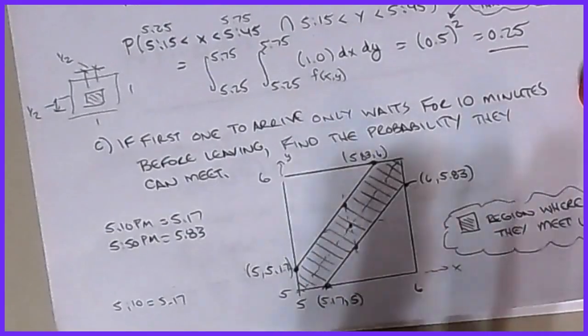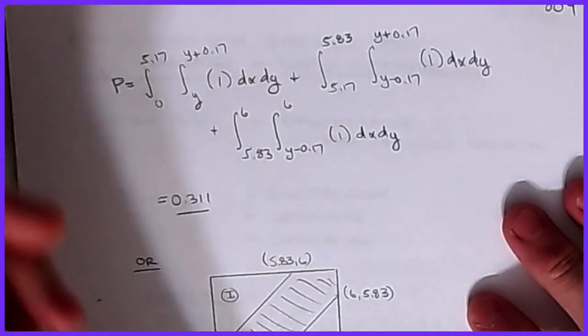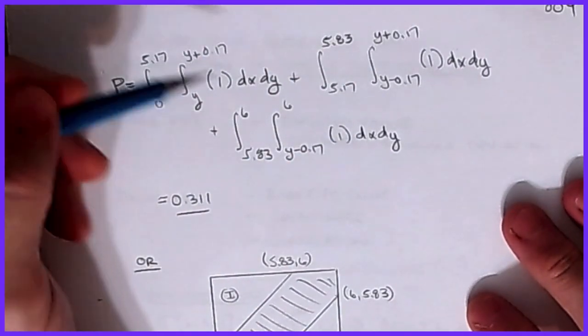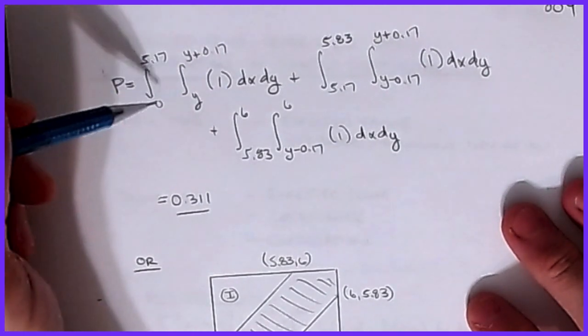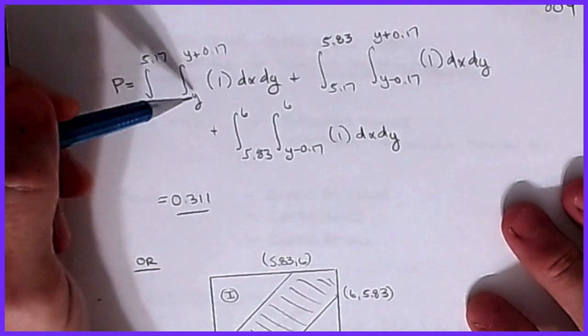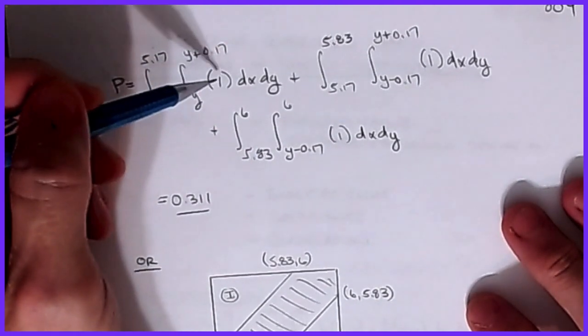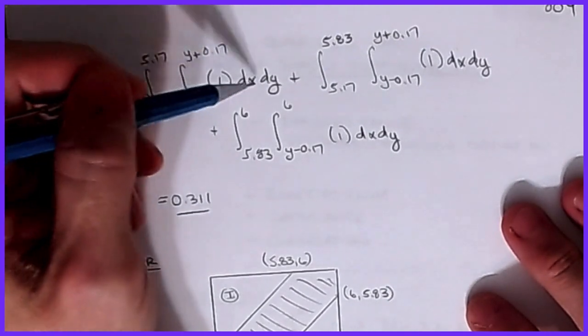So the question becomes, how do we compute the area? If we do it with the equation form, you get something that looks like this. To represent all of those areas, we can do a double integral from 0 to 5.17, so that's 5:10 p.m., and then from whatever y value to y plus 10 minutes, of 1, that's my f of x, y, dx dy.